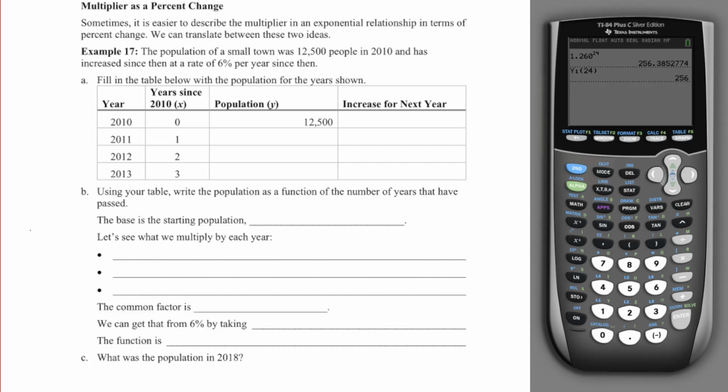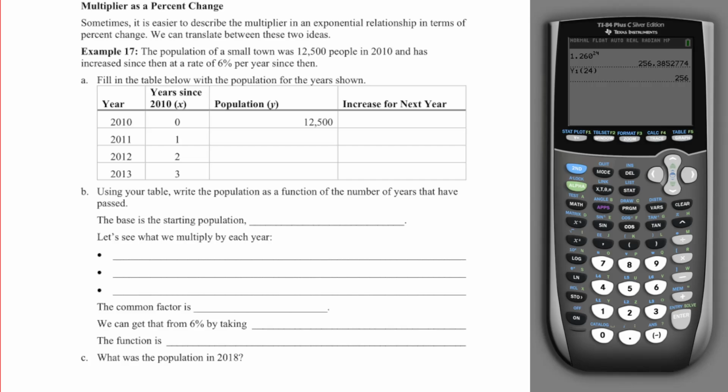So let's suppose we have the population of a small town. It was 12,500 in 2010, and then it's increased at a rate of 6% per year. So that means each year, the increase is going to be 6% of that year's population.